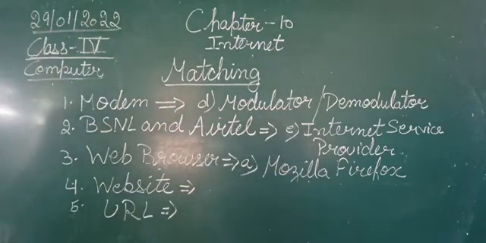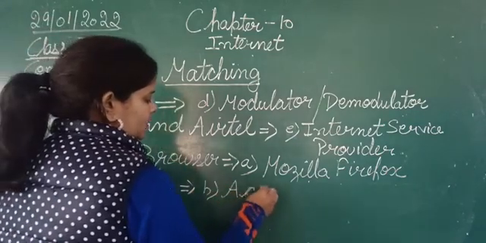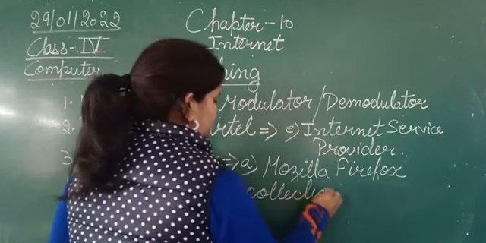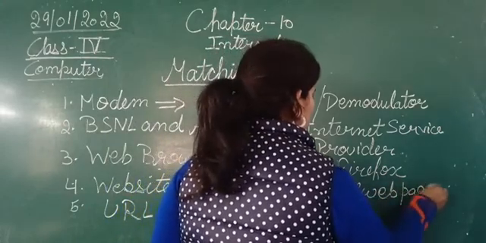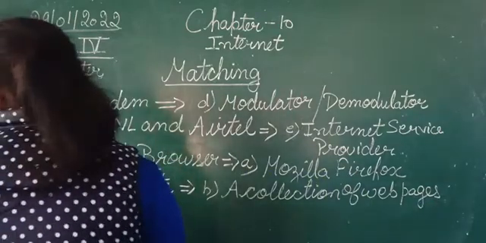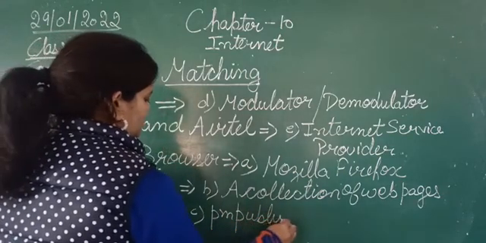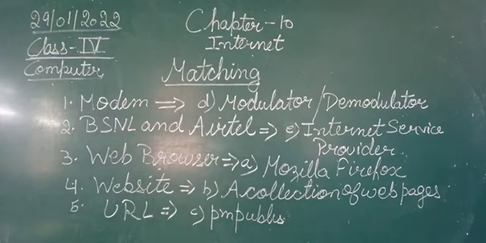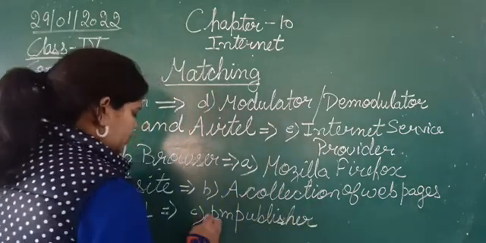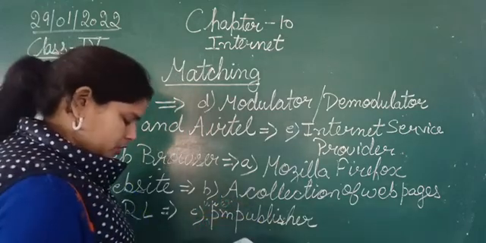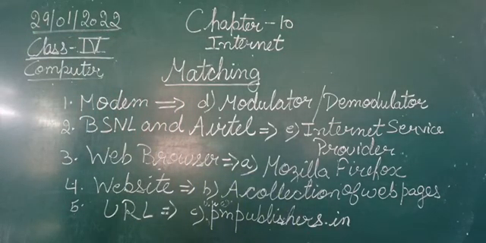So the website is a collection of web pages, and the URL is www.pmpublisher.in. So these are the answers for the matching.